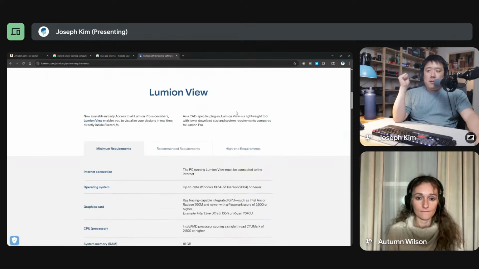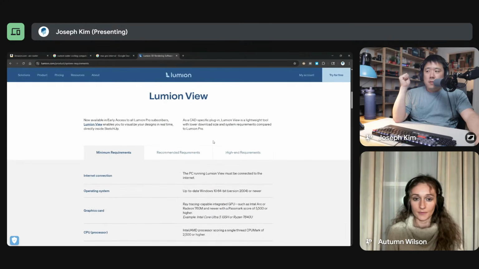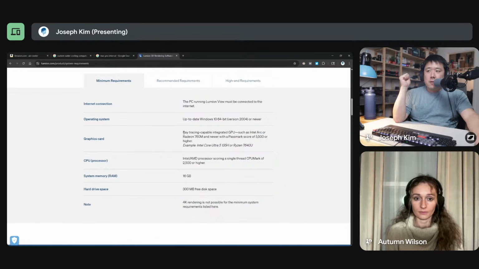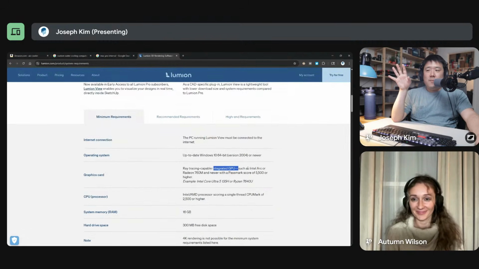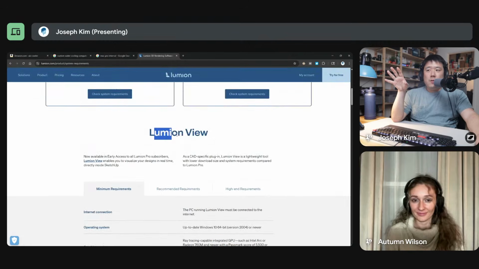And here, for Lumion View, they require a graphics card with ray tracing, but an integrated GPU is okay. This is an Intel card, which is kind of an outlier at this point, and AMD Radeon. So it is saying you could use an integrated GPU. Integrated GPU means CPU-bound graphics performance for Lumion View.